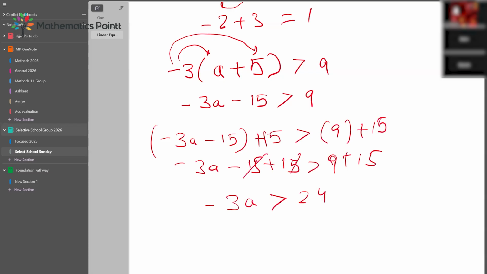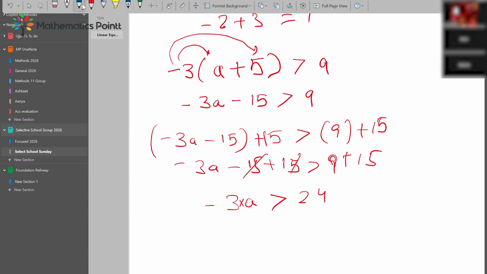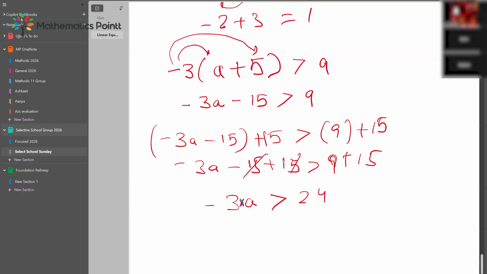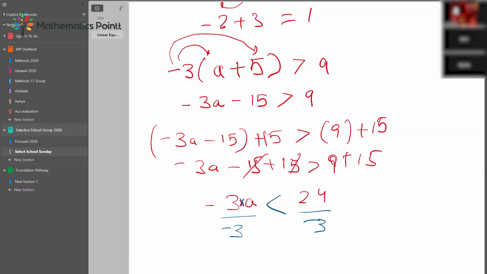So 24. Now I need to get rid of the negative 3, and now this negative 3 is multiplying. So I'll say, okay, let me divide this. But hang on, I now need to flip the sign, my exception rule. So eventually, my a is less than -8.